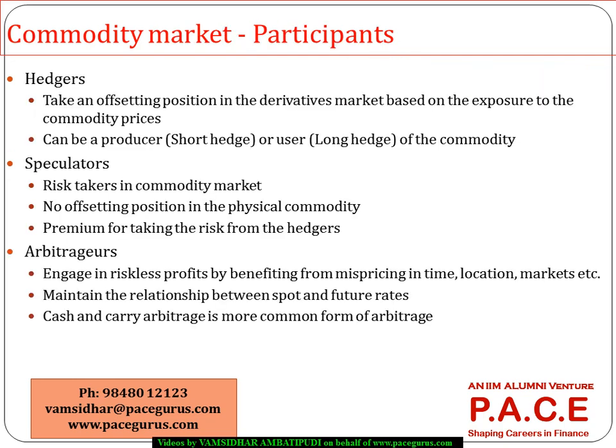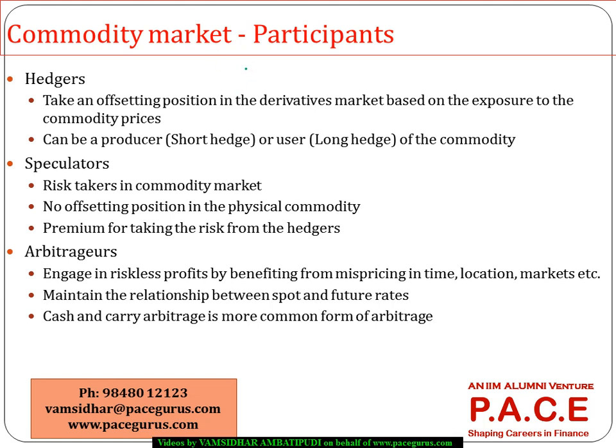Just like any derivatives market, the commodity derivatives market also has three major groups of investors. First, hedgers, whose intention is to reduce exposure to risk. Among hedgers we look at two major categories.